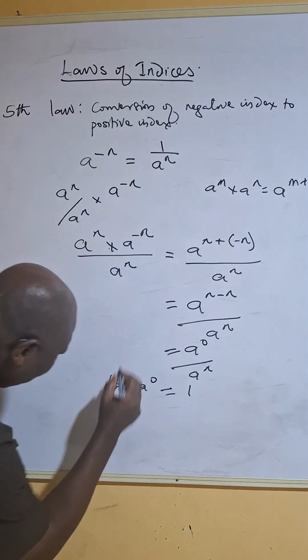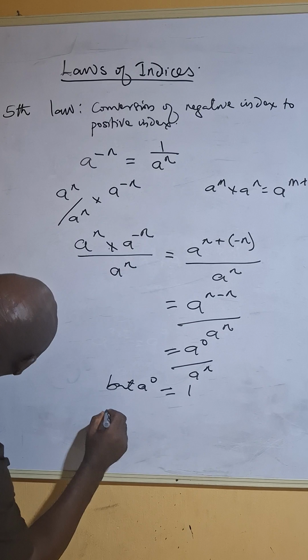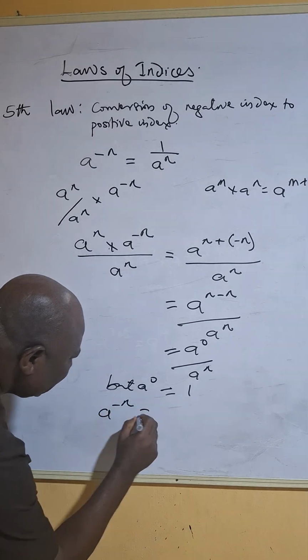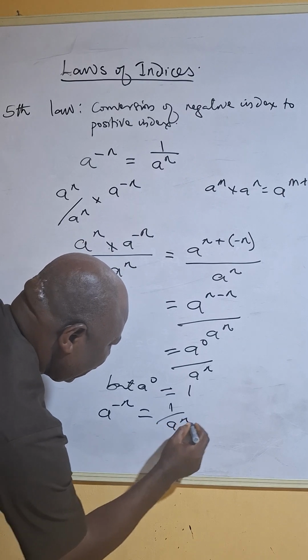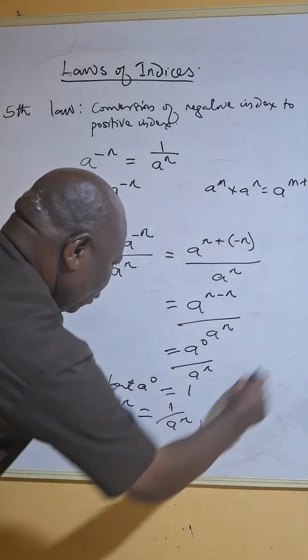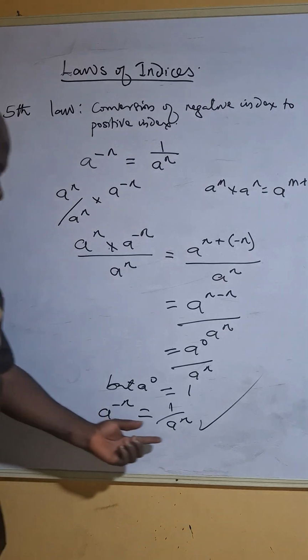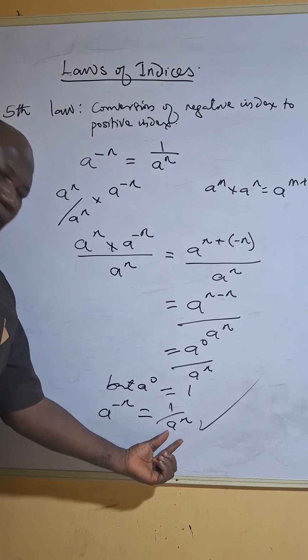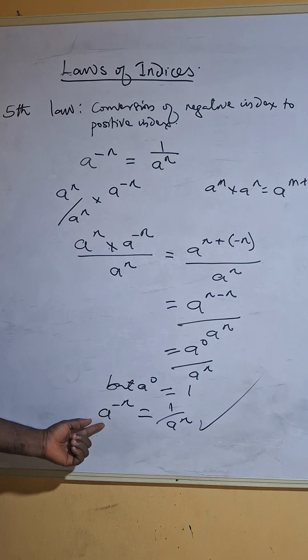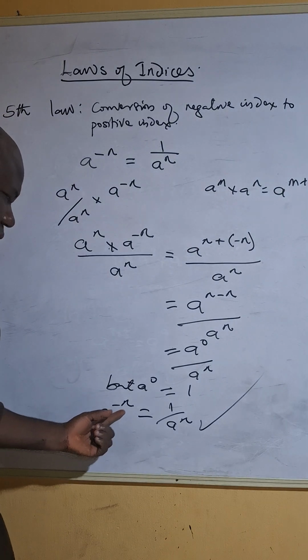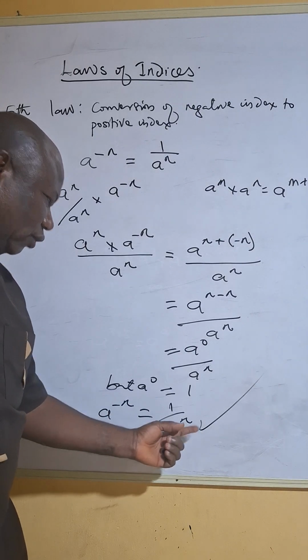Therefore, a raised to power minus n is equal to 1 all over a raised to power n. So that is how they have arrived at the result.